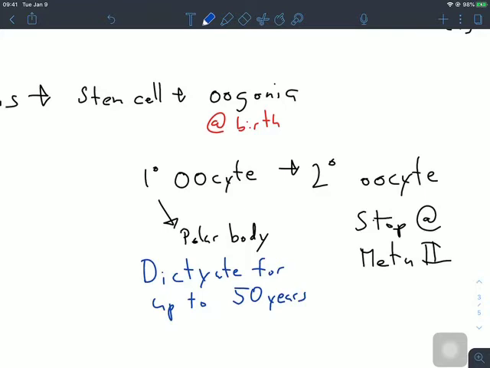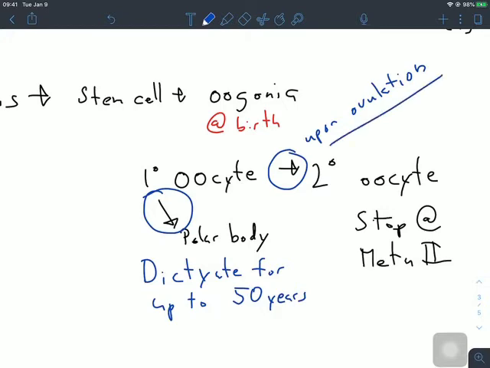It's stuck with that polar body not yet released, just chilling, ready to go in your ovaries for up to 50 years, up until it reaches its signal to be released from the ovaries. In the release from the ovaries, you then will advance to your secondary oocyte, so that polar body is released only upon ovulation.